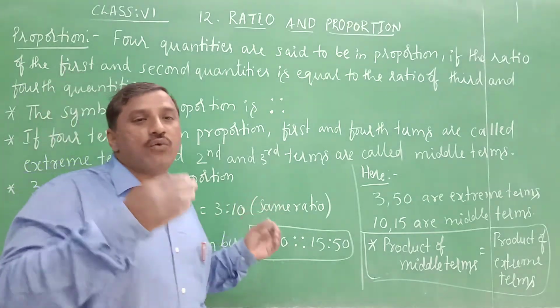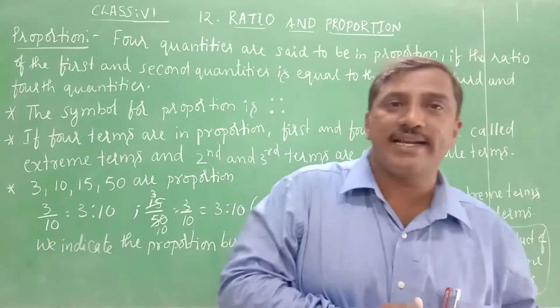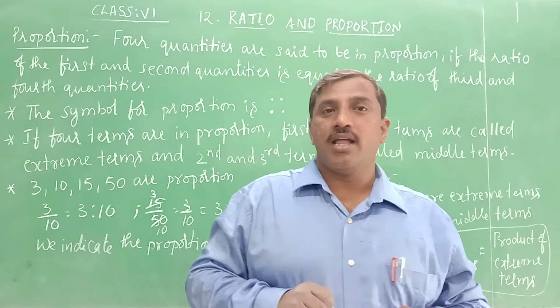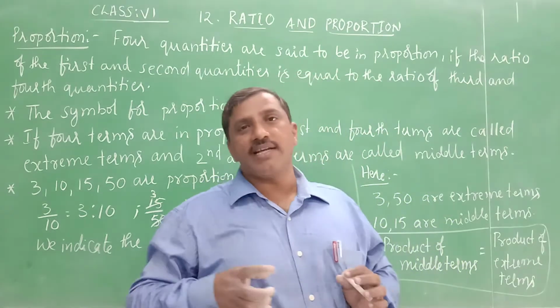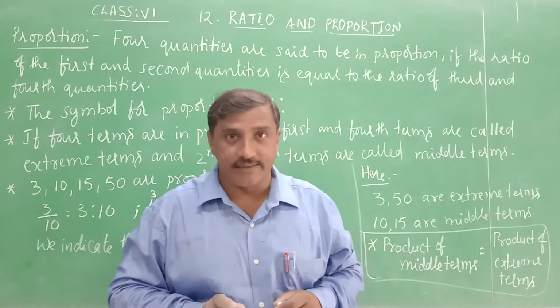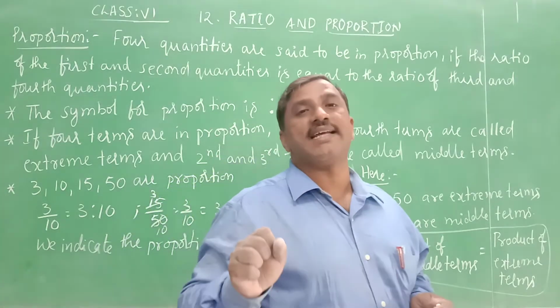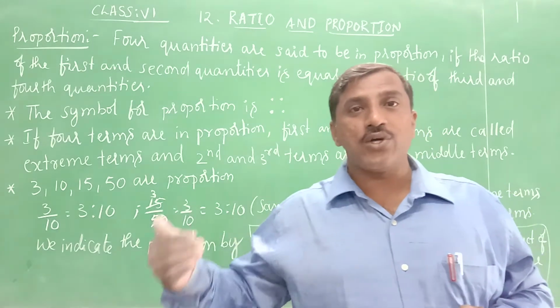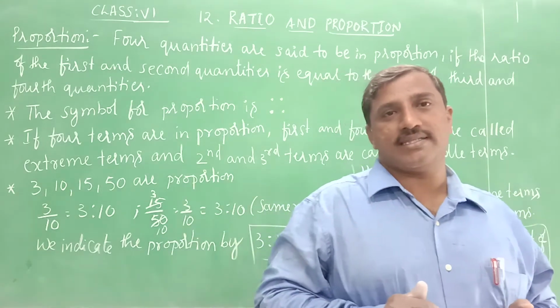quantities. In ratio we use only two terms or two quantities, but in proportion we use four quantities. If you want to say the four quantities are in proportion, it means the ratio of the first and the second quantities should be equal to the ratio of the third and fourth quantities.